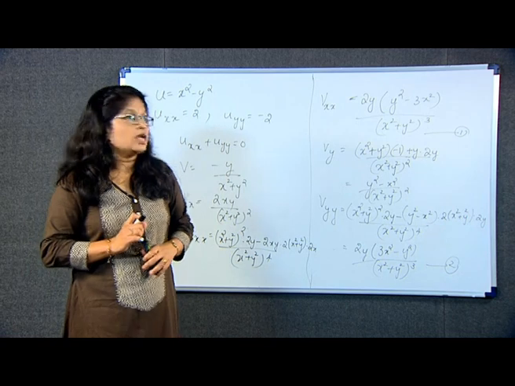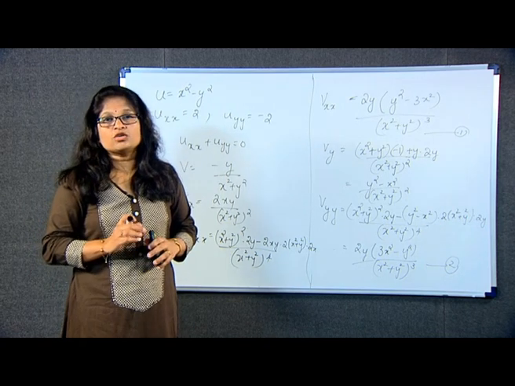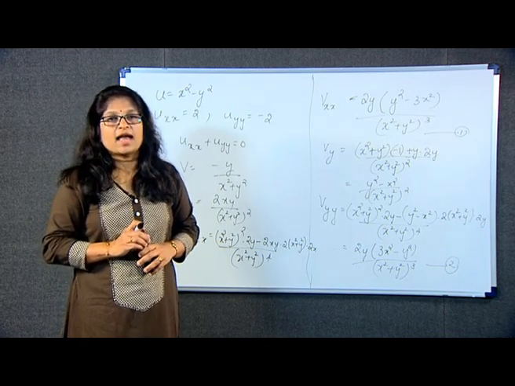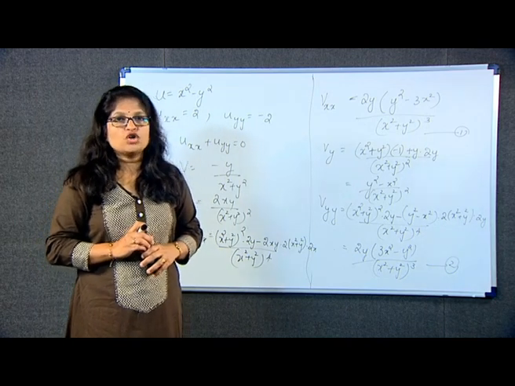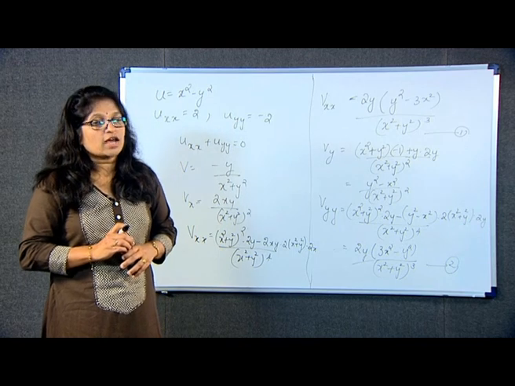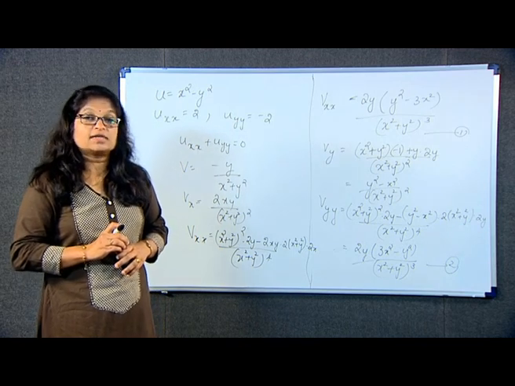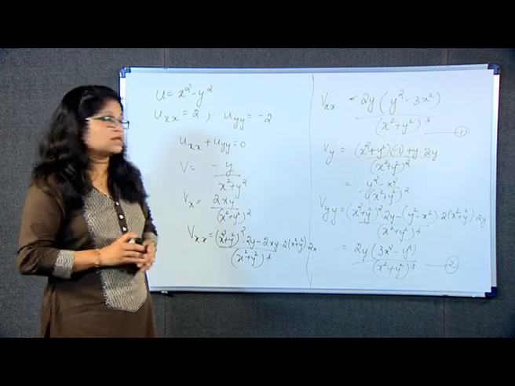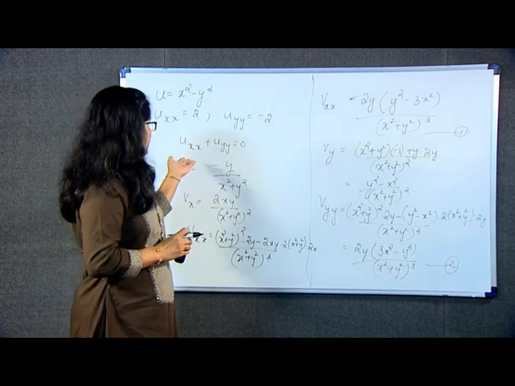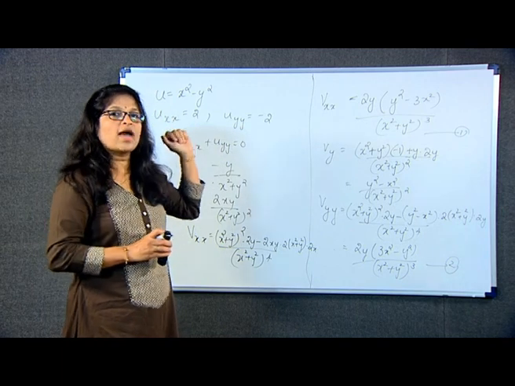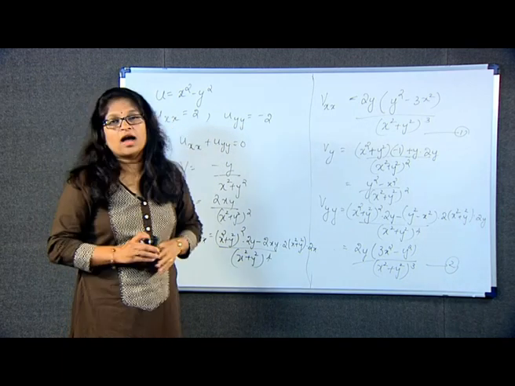So, can you now conclude that you are having two harmonic functions in hand? Can I simply write u plus iv and say that it is an analytic function? No. For that you need to check whether the function is satisfying the CR equations. Since all the first order derivatives are also here, you can easily verify what is ux and what is vy. Are they the same?